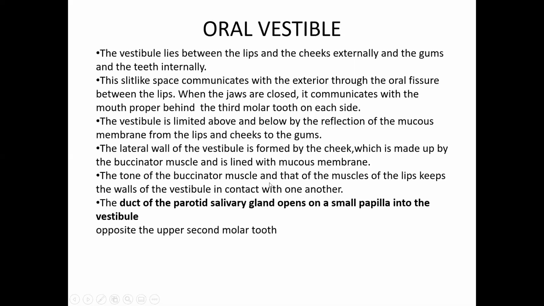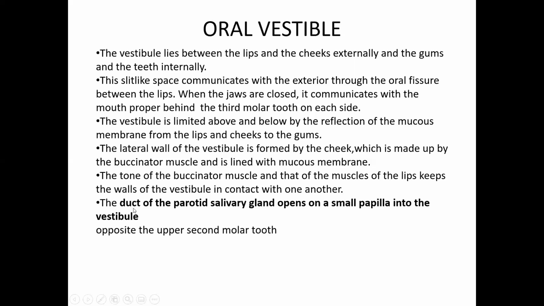The tone of the buccinator muscle and that of the muscles of the lips keeps the walls of the vestibule in contact with one another, because the opening and closing of the mouth is controlled by the muscles of facial expression, like the orbicularis oris, and the muscles of the upper and lower groups of the oral region.